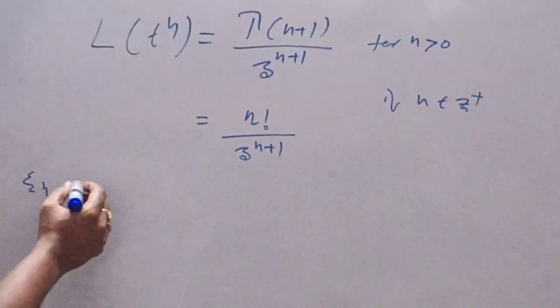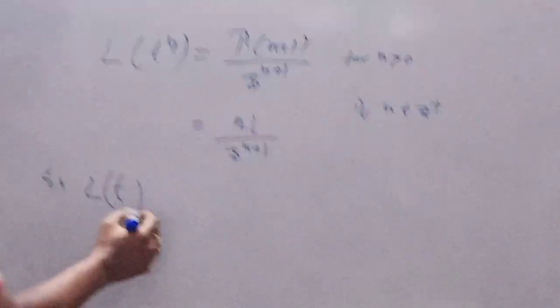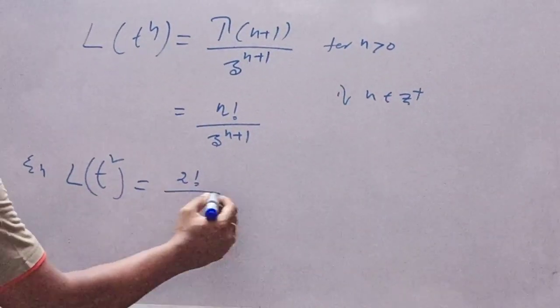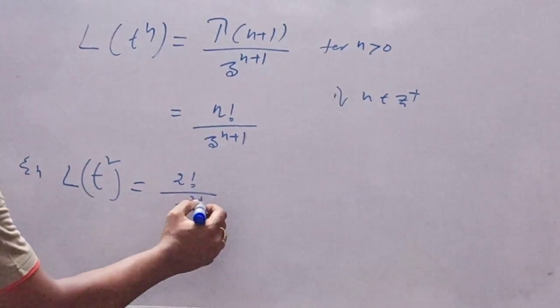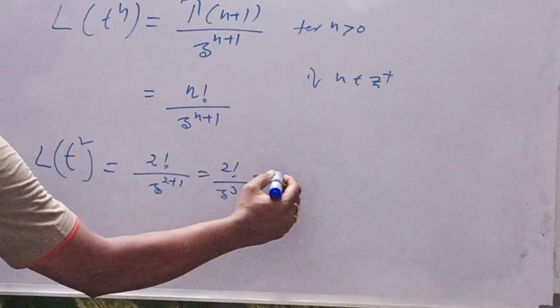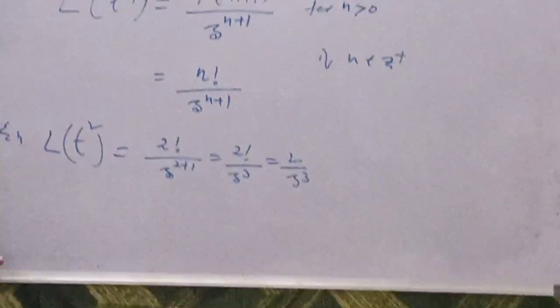Example: Laplace transformation of t square equals 2 factorial by s to the power of 2 plus 1, so 2 factorial by s cube, which is 2 by s cube.